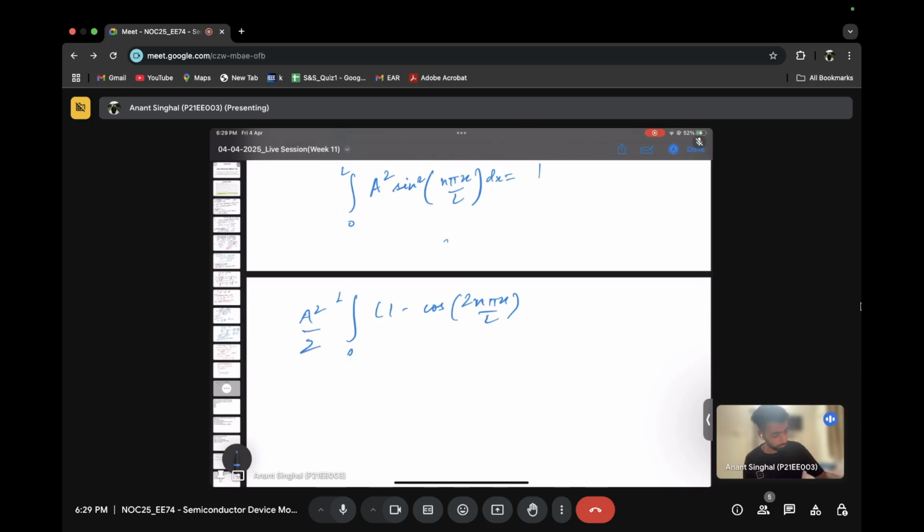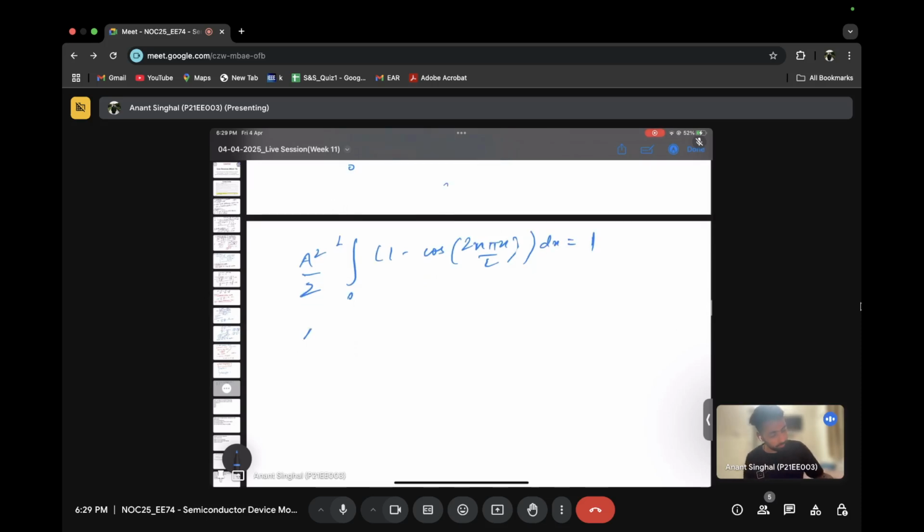I'm writing this 2 here, into dx is equal to 1. Now if I try to integrate, the integration of 1 will be x minus the integration of cos, which will be sine with some constant, let me write k only because it will cancel out later. It will be sin 2 n pi x by L, and the limit will be 0 to L.